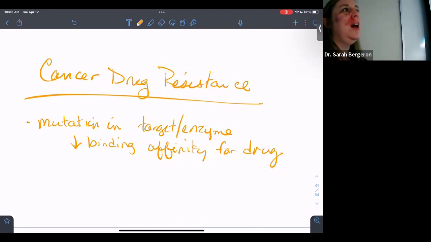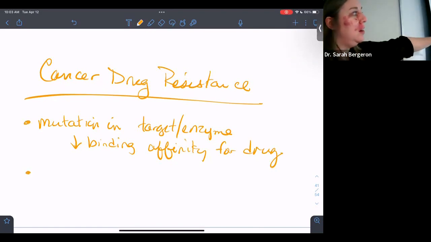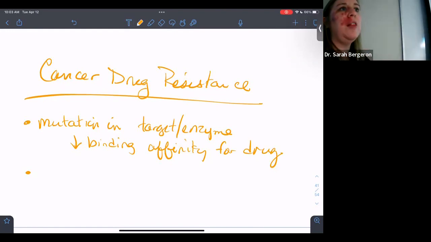Okay, what's something else that you could do if your sequence stays the same? We're going to assume then that number 1 didn't happen, so what's another way? Sometimes cancer cells become resistant to not just one drug, but a plethora of drugs. Why could that happen?